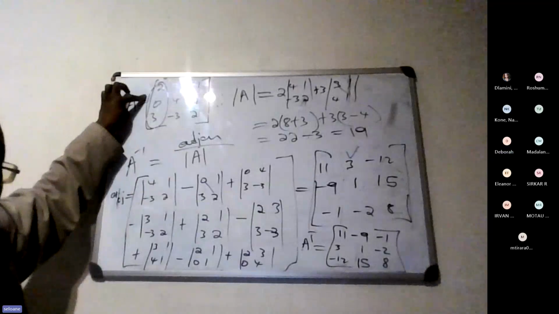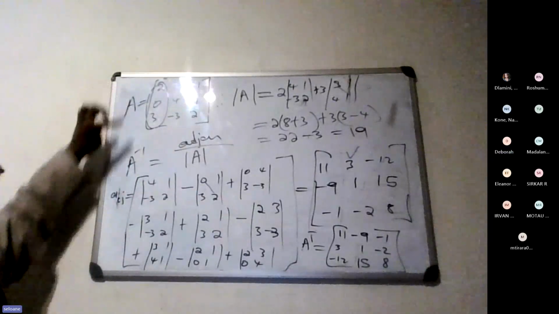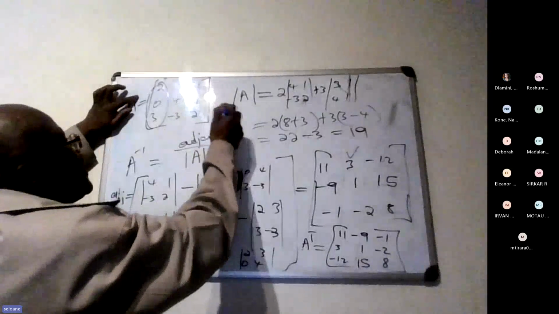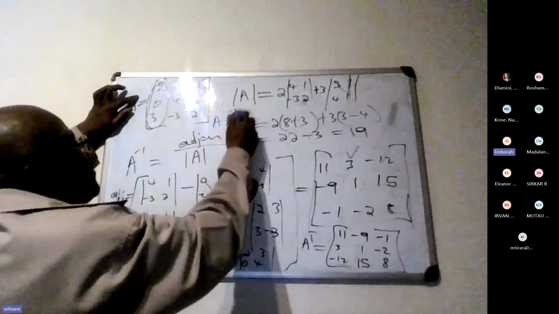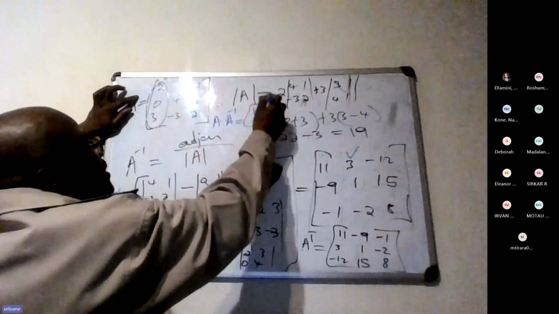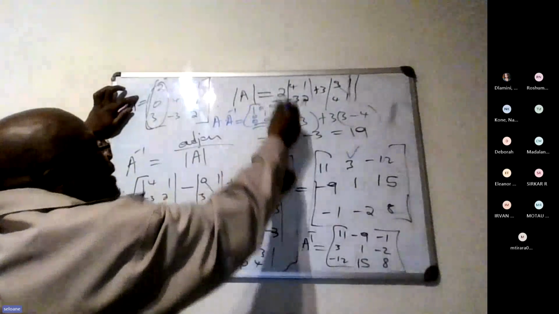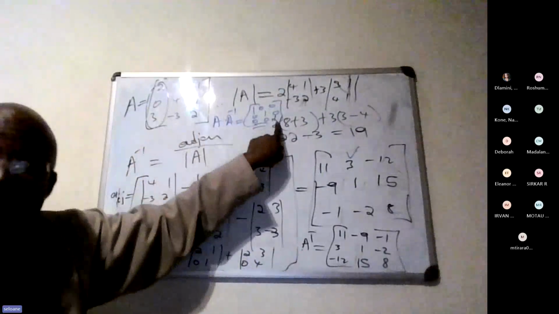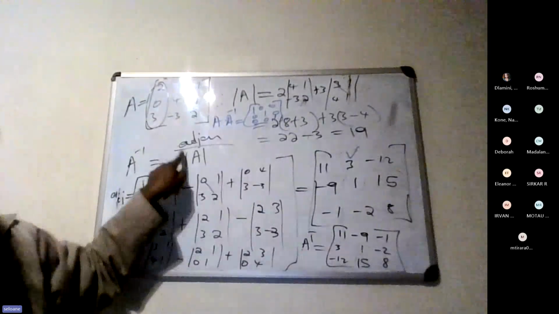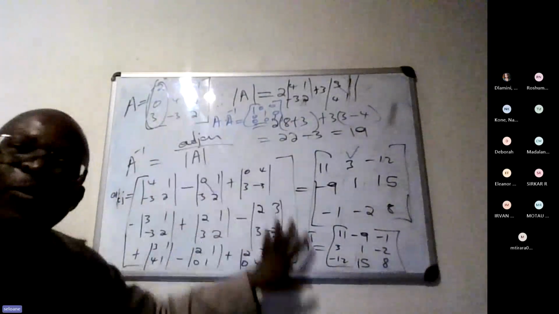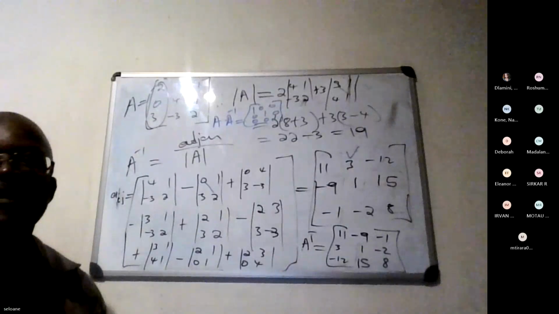You take the A, don't forget, A multiplied by this, it must give you the identity. That is A multiplied by its inverse. It must give you what? 1, 0, 0, 0, 1, 0, 0, 0, 1. If it doesn't give you this, then you must know that your inverse is wrong, meaning somewhere, somehow, you made an error.